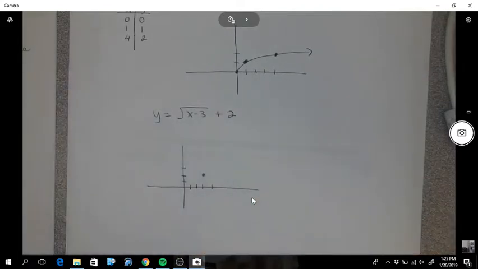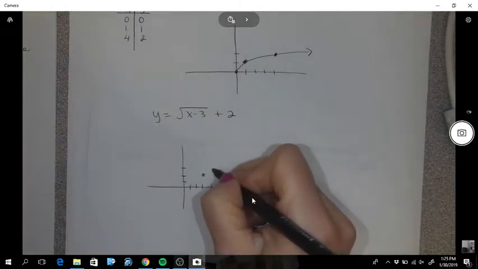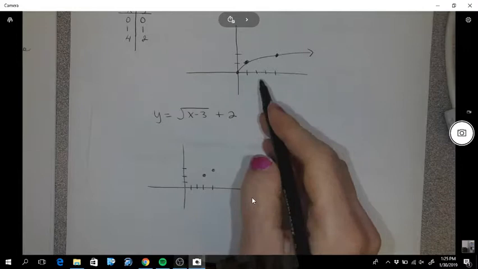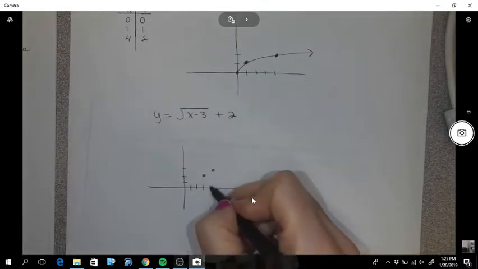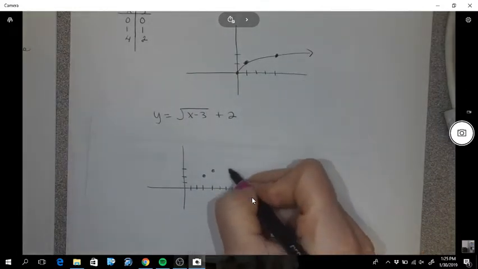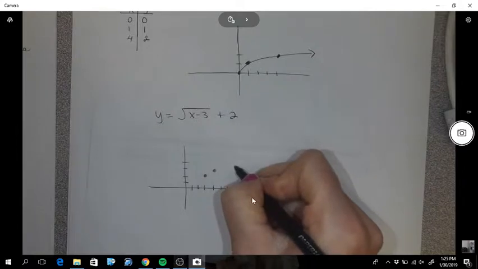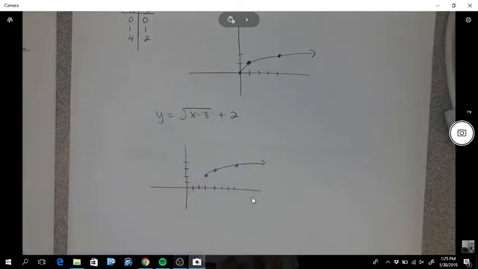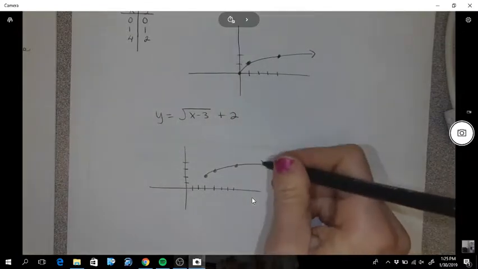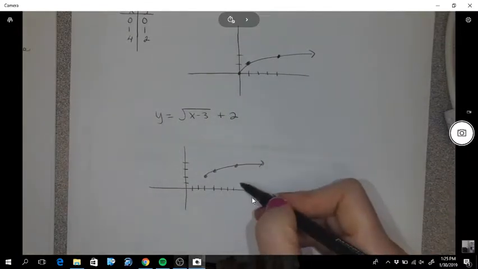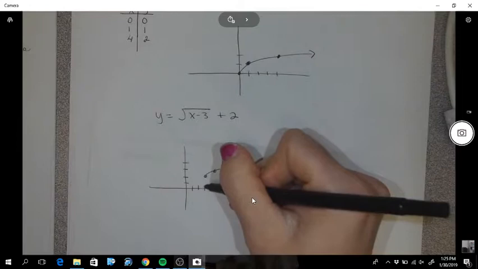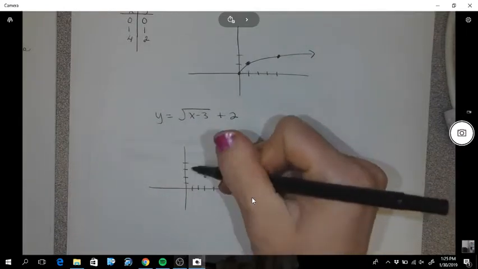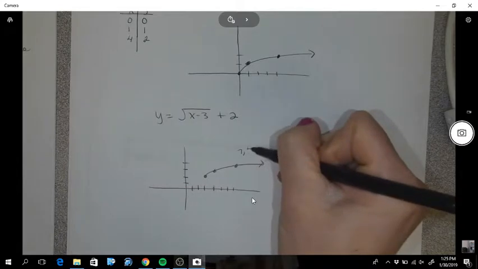And nothing changes with our pattern, so I'm going to go over 1, up 1. And then I'm going to go over 4. So 1, 2, 3, 4, up 2. From the starting point is where I did that. Okay, so this would now be the point 3, 4, 7, comma 4.